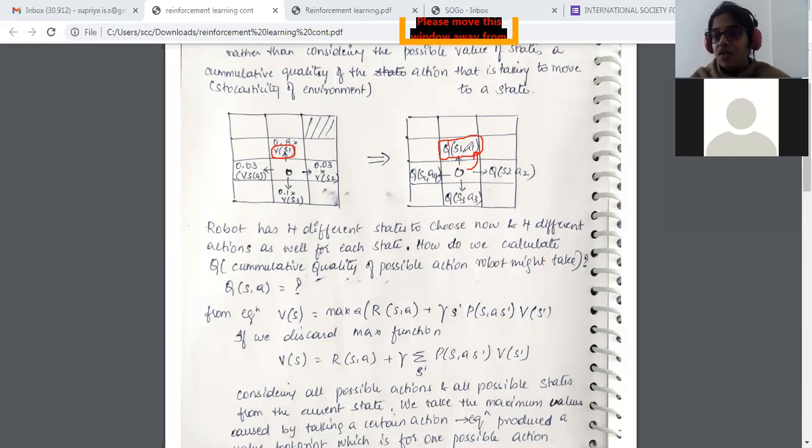I'm going to calculate this Q of S1 and A1 using the same equation. This equation itself I'm using, and I'm calculating the value of it.